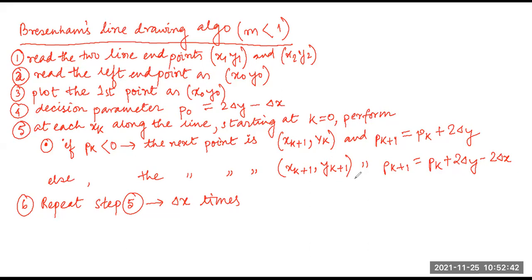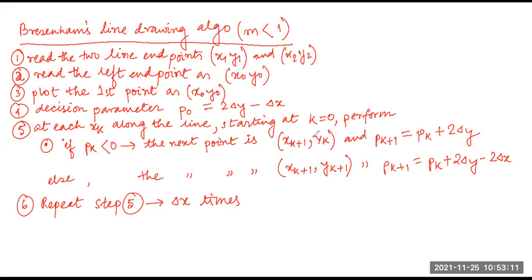So in order to minimize this entire problem, the Bresenham's line drawing algorithm came. In the Bresenham's line drawing algorithm, a new concept came, that is the decision parameter value. Now, how did this decision parameter formula come?